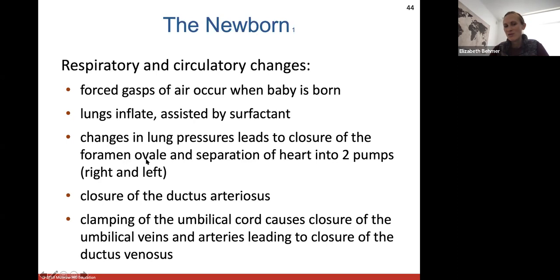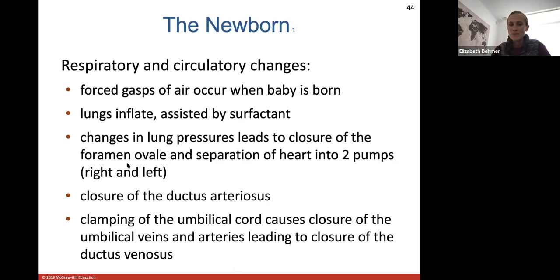So once that foramen ovale closes, which is the hole in the wall between the atria, then blood will begin to go down into the ventricles so that blood can now be pumped to the lungs because the lungs are inflated and ready to accept oxygen. The ductus arteriosus closes, which is another hole that travels from the pulmonary trunk to the aorta.